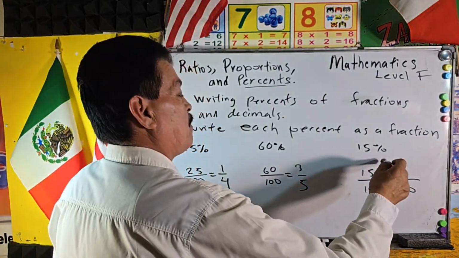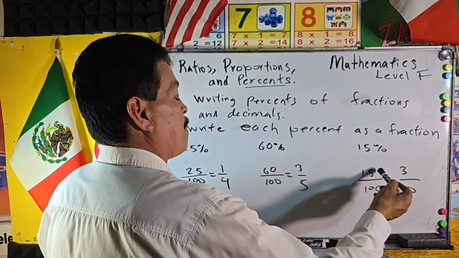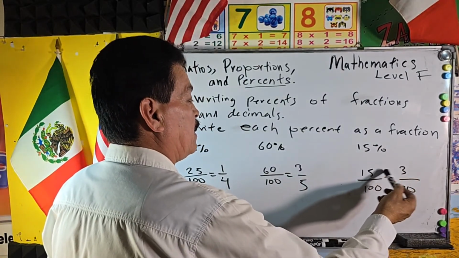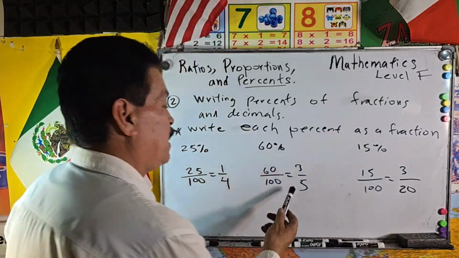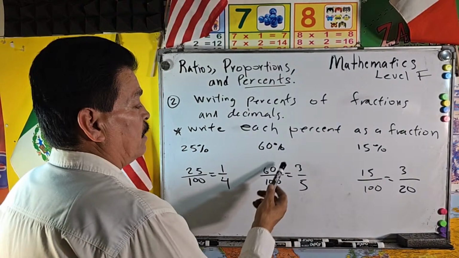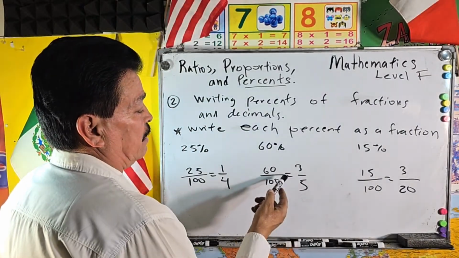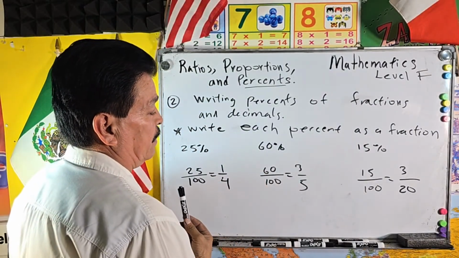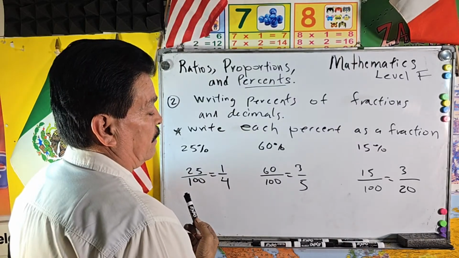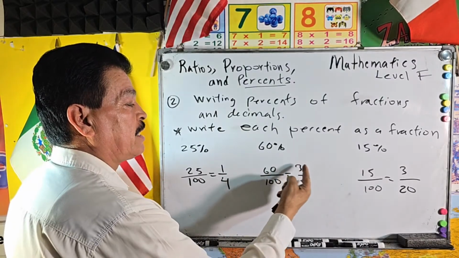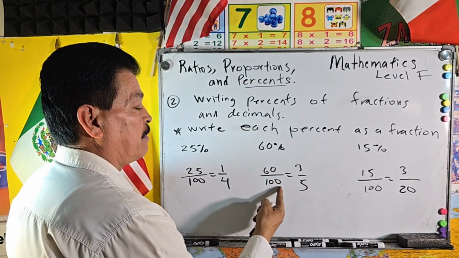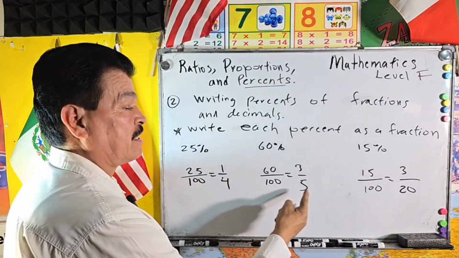Here, divide 15 by 5 and 100 by 5, which is 20. And for 60 over 100, divide by 20. 60 divided by 20 is 3, 100 divided by 20 is 5.